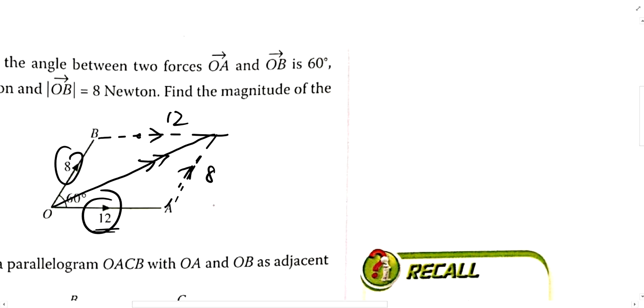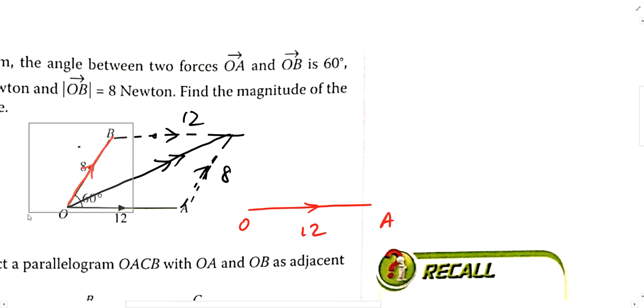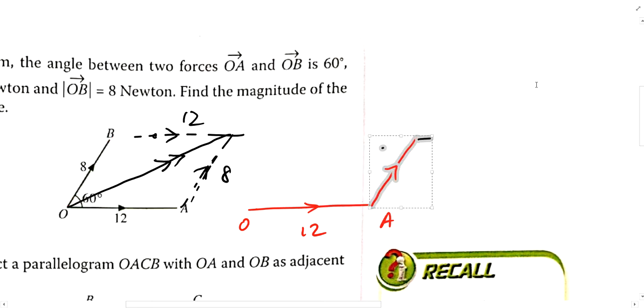Alternatively, this is what you can also do. Your 12 plus 8, we draw it this way. So this is O, this is A, 12 over here. Then I add the vector OB. I just shift this vector over to this side.